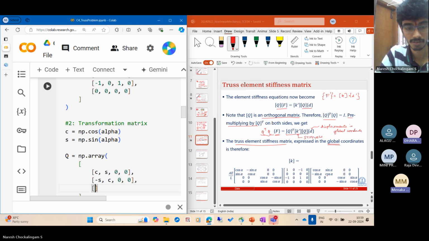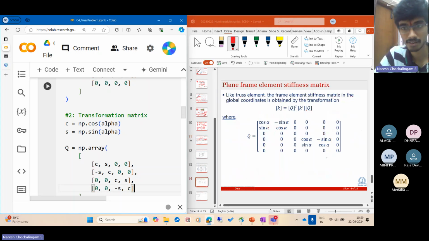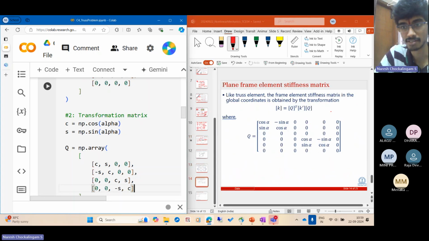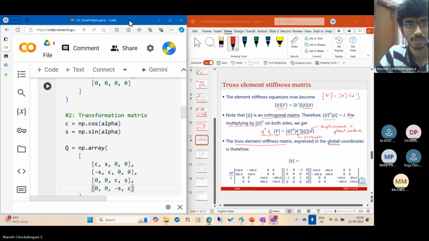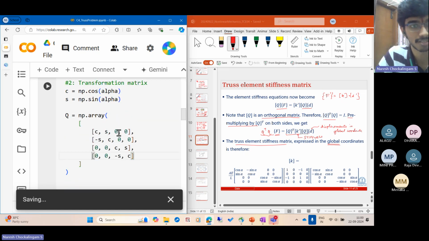Then 0, 0, C, S. Then 0, 0, minus S, C. Yes, correct. I should have put it this way. So it's big. Okay, so this is fine, right? So you got the transformation matrix.